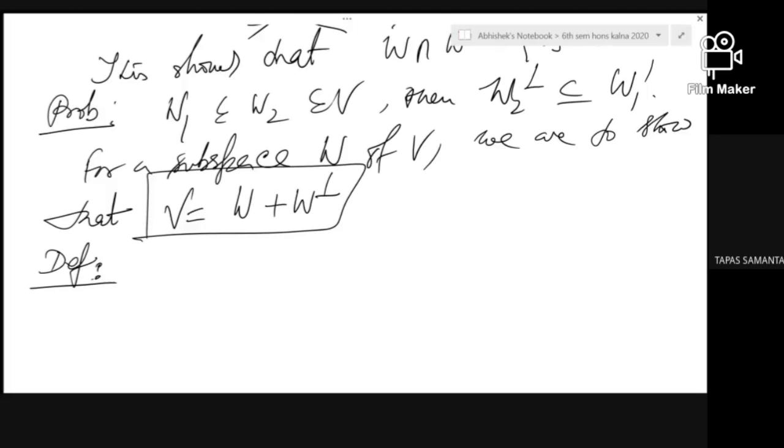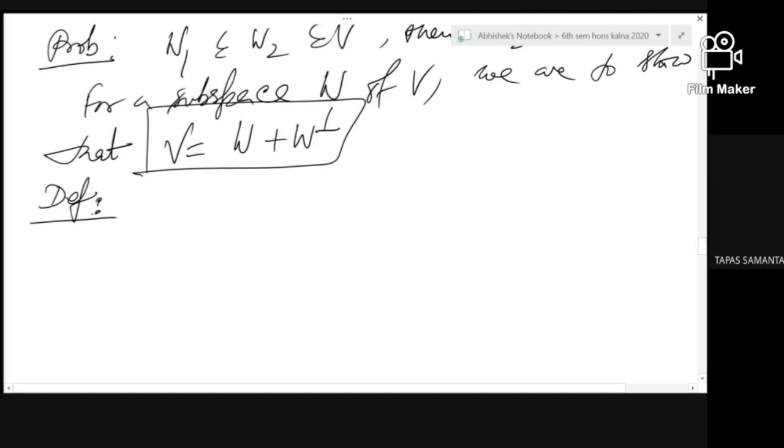So to establish this result, let us introduce the concept of orthogonal sets and orthonormal sets, and later we will do this for a basis, that is, an orthonormal basis.